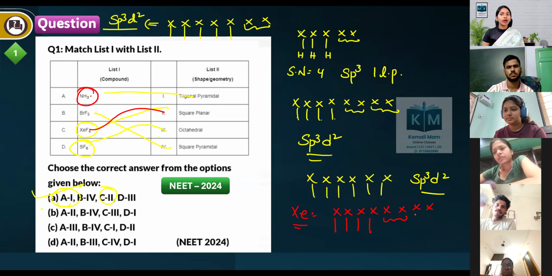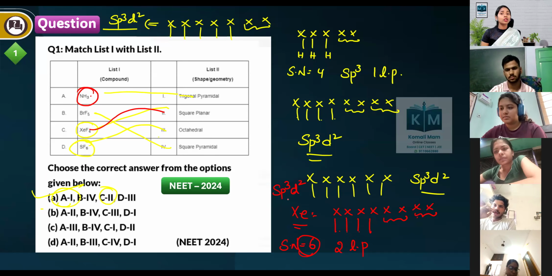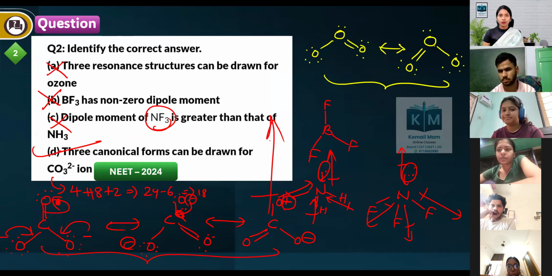Then 2 lone pairs, 2 electrons as 1 lone pair each, which do not participate in bonding. So 1, 2, 3, 4, 5, 6. Steric number is 6 with 2 lone pairs. Steric number 6 means sp3d2 hybridization. sp3d2 with 0 lone pairs is octahedral, 1 lone pair is square pyramidal, 2 lone pairs is square planar. So XeF4 is square planar.